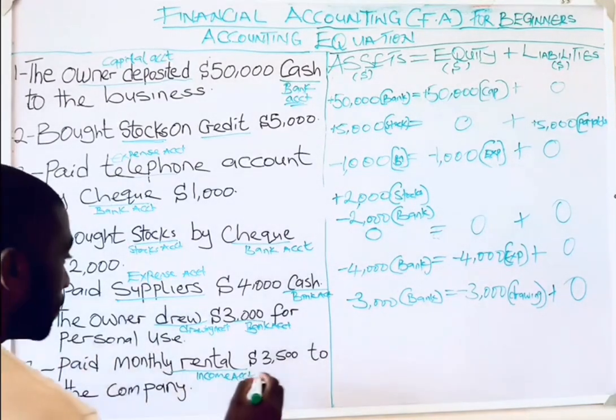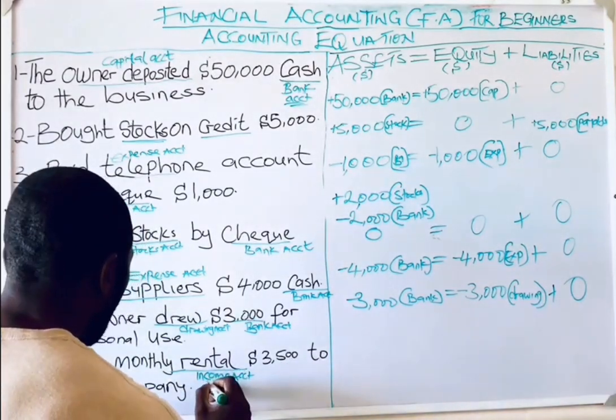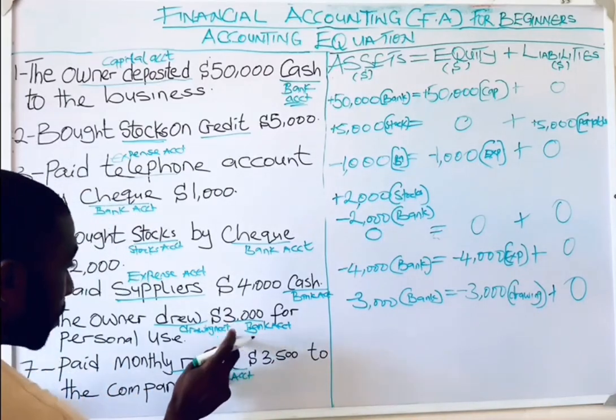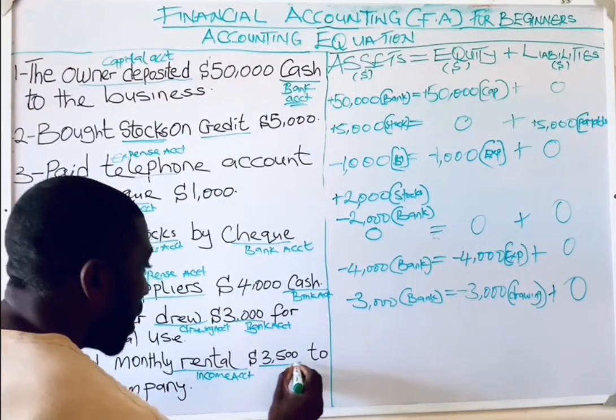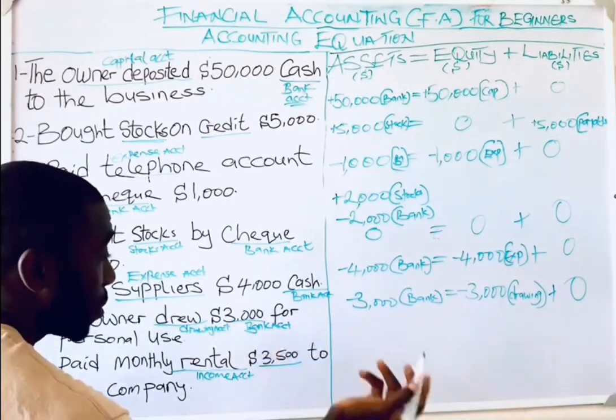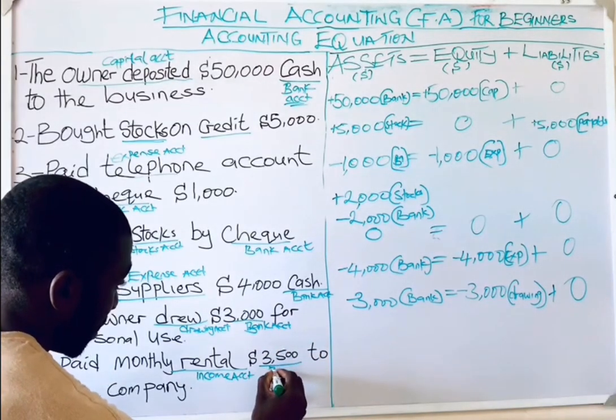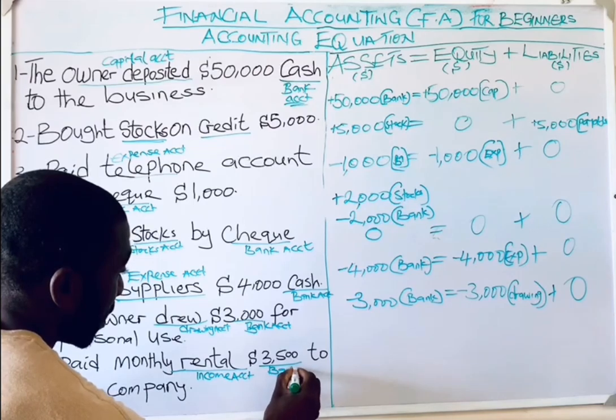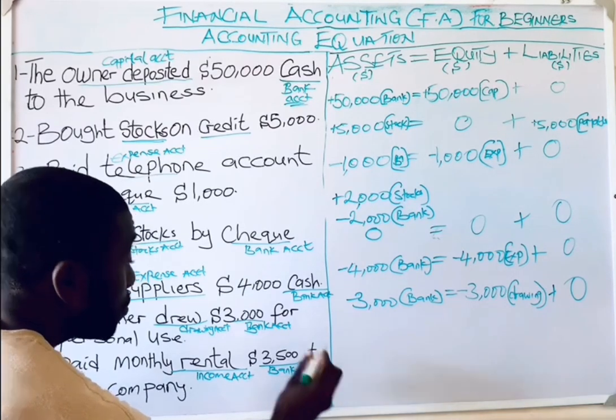And this income, just as we did here, there is no specification of bank or cash. It is either bank or cash, or check. So we consider it as bank account. Simple as that.